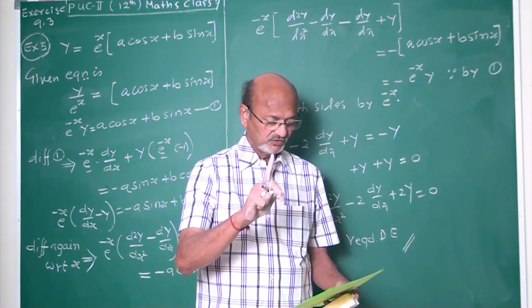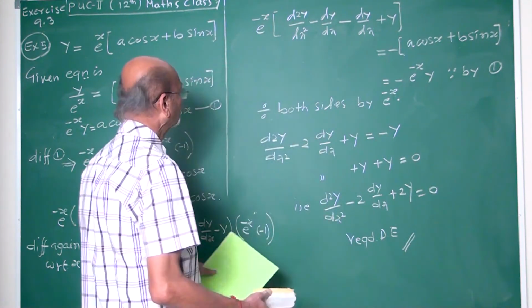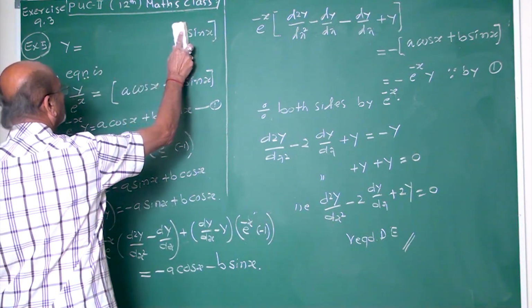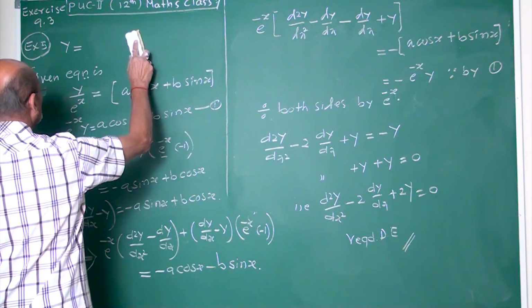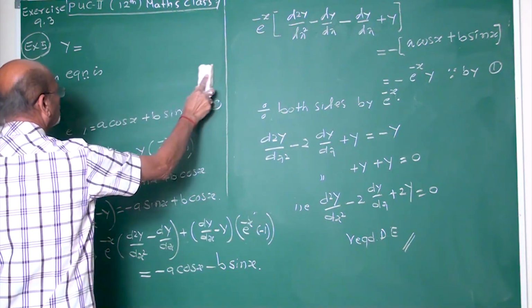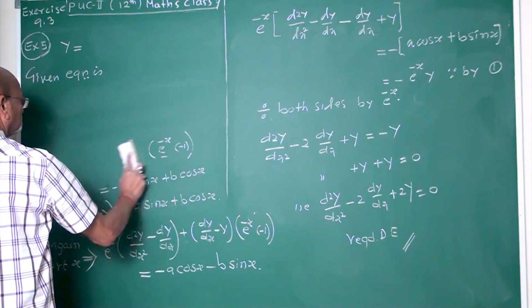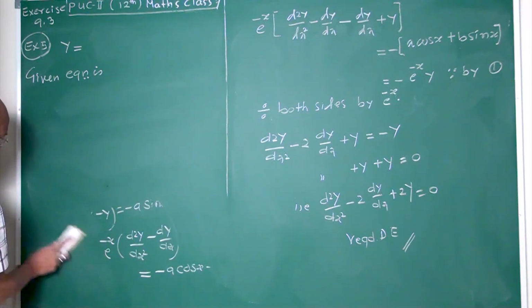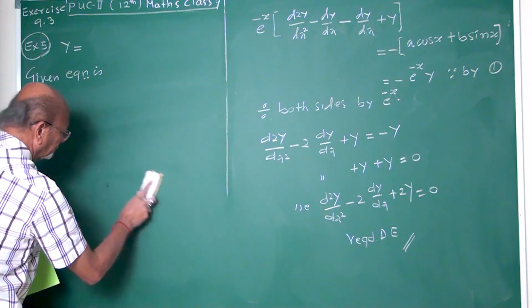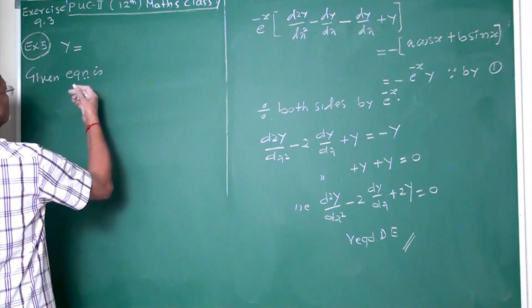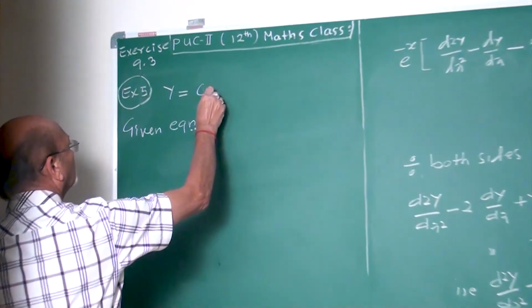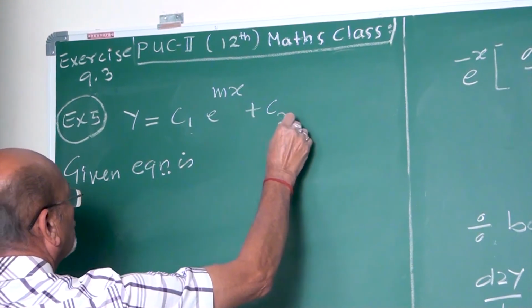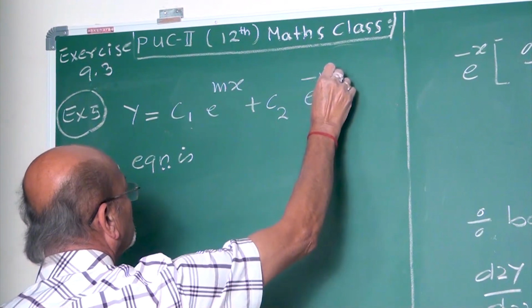Okay, my friends, I do one simple example. Form a differential equation whose solution is y equal to C1 e to the power mx plus C2 e to the power minus mx.